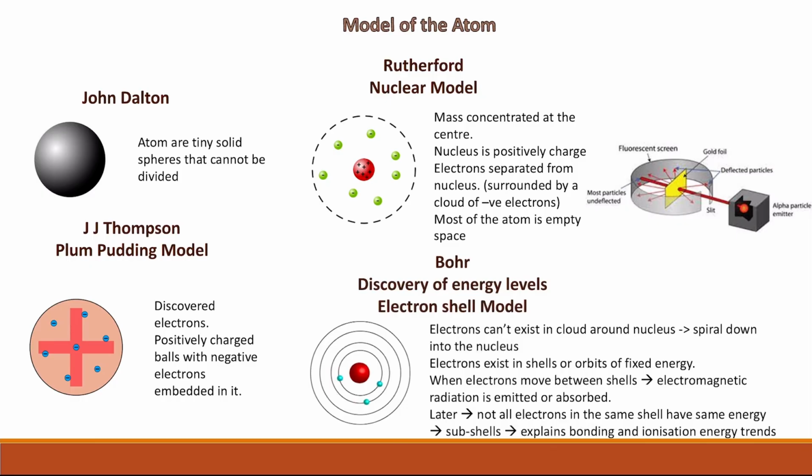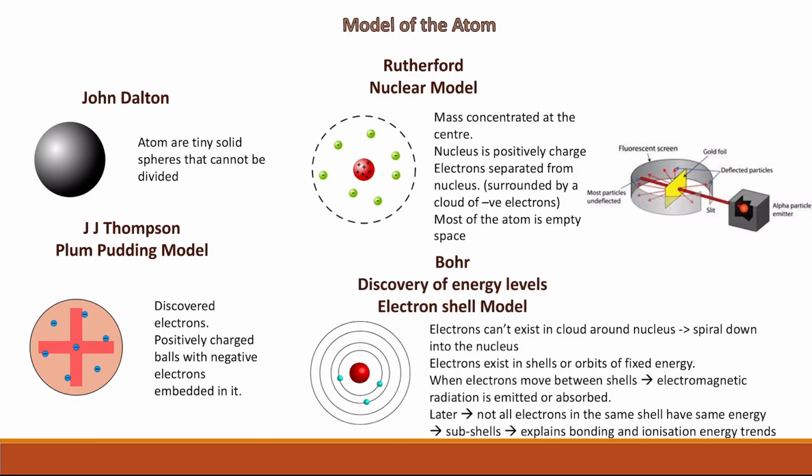So when an electron moves from a lower energy shell to a higher one, it needs to gain energy in order to be able to move to the higher energy shell. So they absorb electromagnetic radiation. And if the electron moves back from a higher energy shell to a lower one, then it will lose energy, and it loses the energy in the form of emission of electromagnetic radiation.